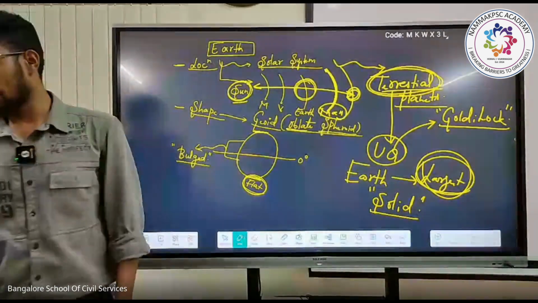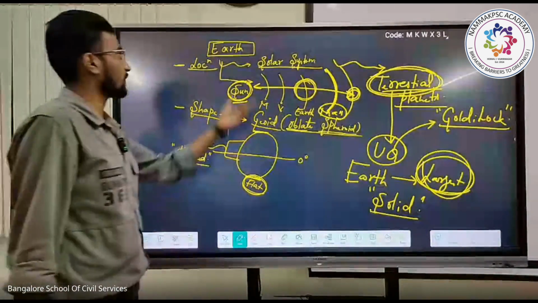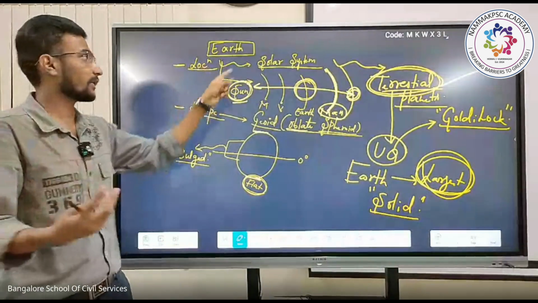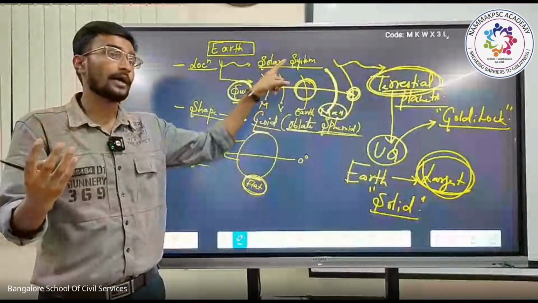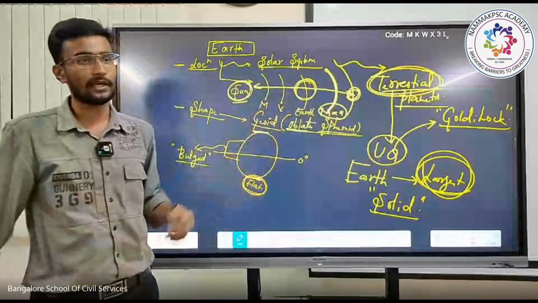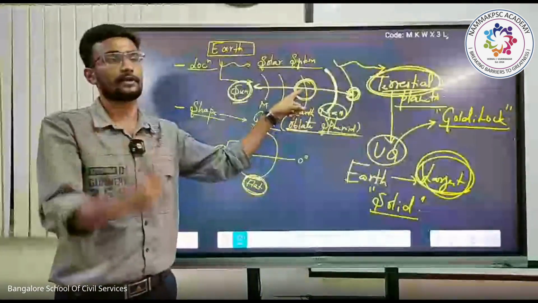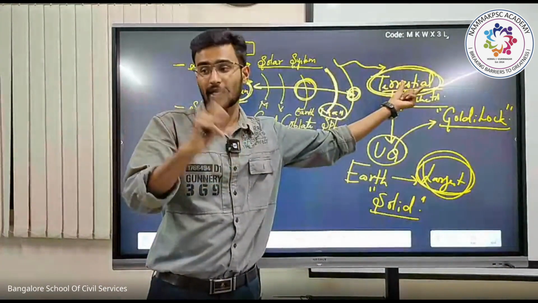Done? Okay, now. First and foremost, we have discussed the Earth. Earth's location: it is present in our solar system. It is the third planet from our sun, and it is a terrestrial planet, not a gaseous planet.